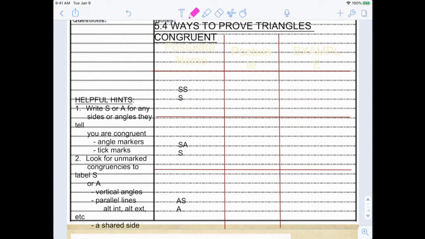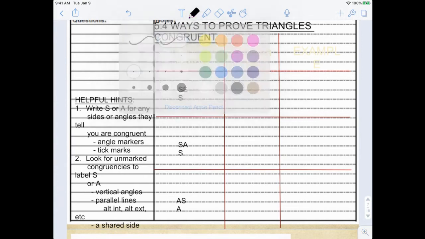And what we're going to do now is move into 5.4, which is really the meat and potatoes of this unit. It's looking at different ways to solve. Well, first we're going to prove that two triangles are congruent. And I don't know why the notation looks a little goofy here, so let's fix that up.